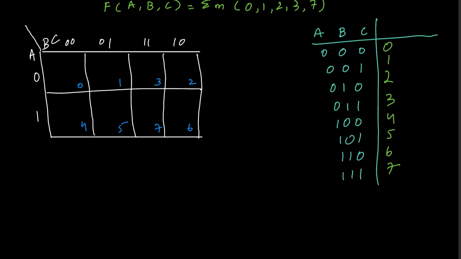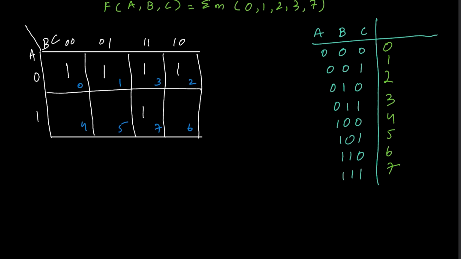Now, next is to put ones in the box, and the positioning of the one is decided by the minterm numbers 0, 1, 2, 3 and 7. After putting ones, next target is to create groups.